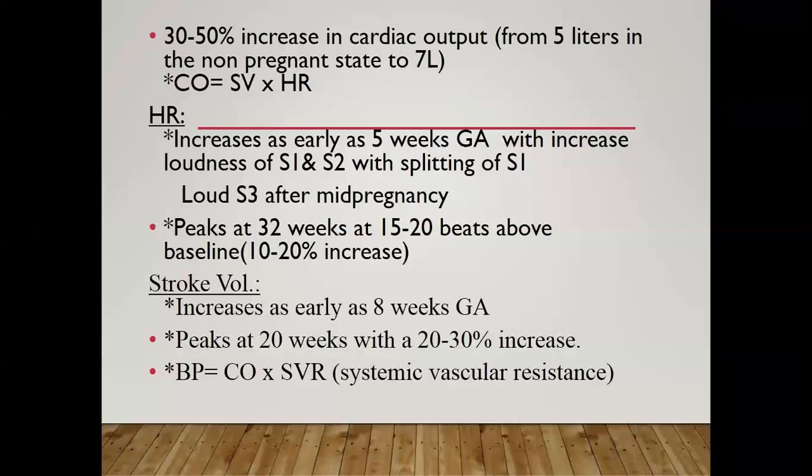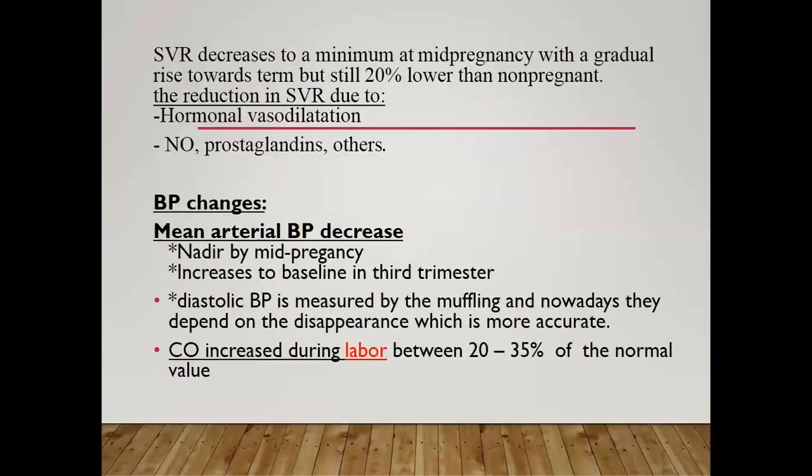The blood pressure equals, as we mentioned, cardiac output multiplied by systemic vascular resistance, and the systemic vascular resistance decreased, so the cardiac output is increased and the blood pressure will decrease. Systemic vascular resistance decreases to a minimum at mid-pregnancy with a gradual rise toward term, but still 20% lower than the non-pregnant lady.